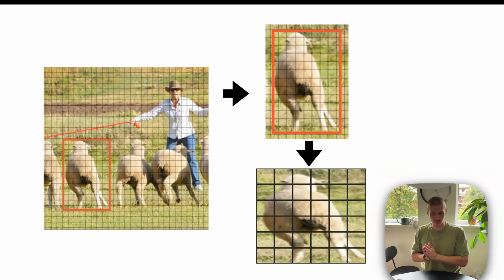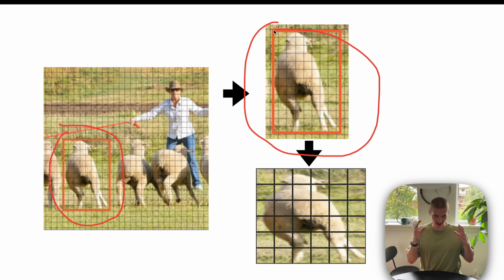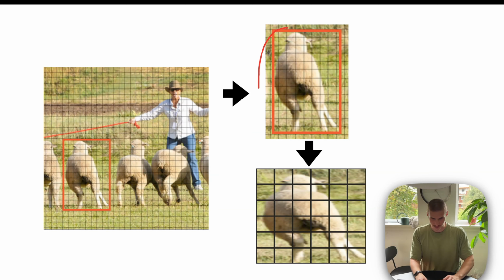So the second part of the model is basically this old school convolutional style attention mechanism, where we select just this piece of the image, just this part, and say that now we're going to pass it through another model, which now only looks at this selected region. So we ignore everything else, ignore the background, ignore other sheep, the human here, and so on, and just focus on this one, and then just improve the detection we had.